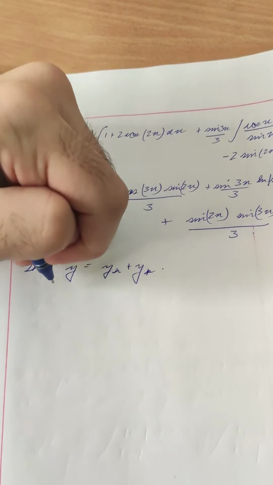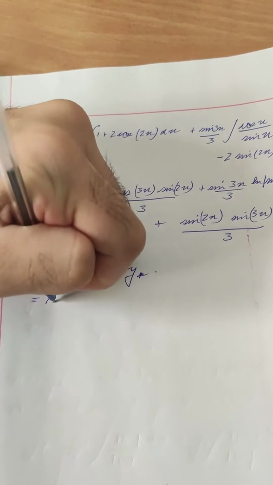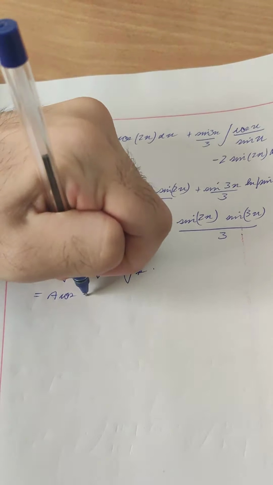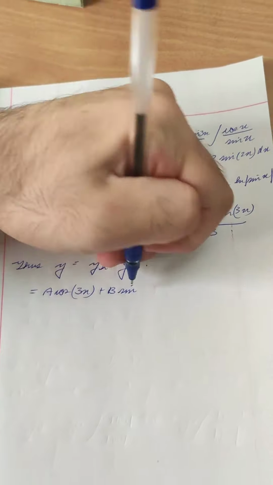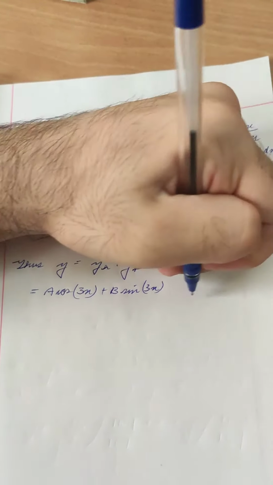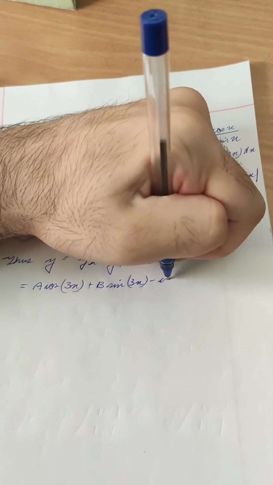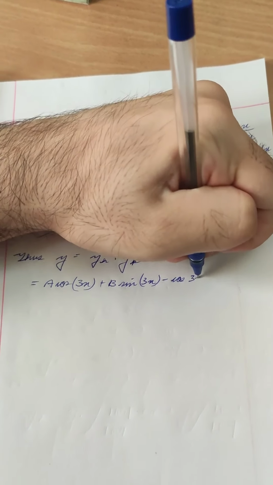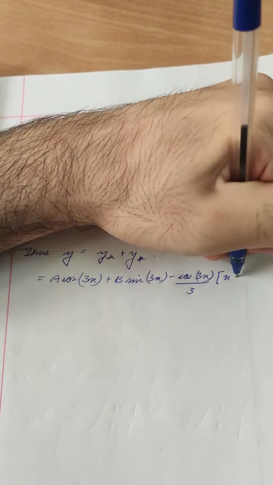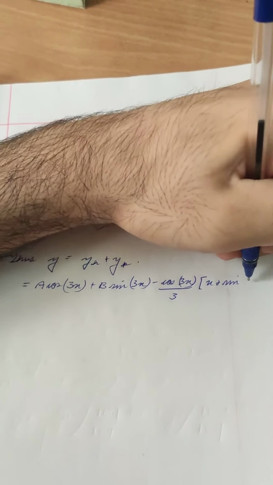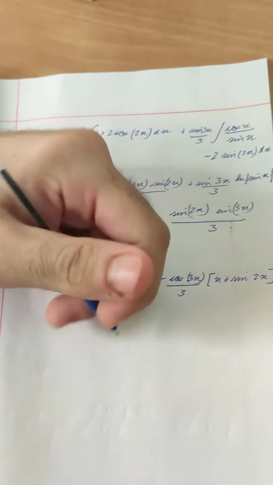So we'd land up with our answer, which is nothing but a cos 3x plus b sin 3x minus cos 3x by 3 x plus sine 2x, right?